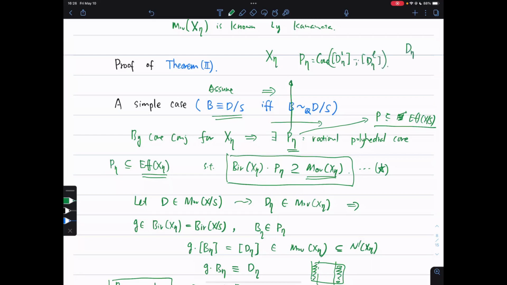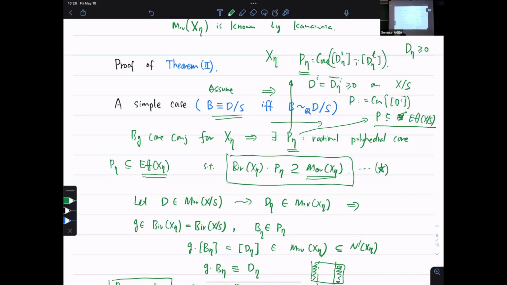This D8 is effective because it's a rational polyhedron cone inside of the effective cone. And then you just take the closure. This would be an effective divisor on, for example, the total space. Then we just consider the cone defined by this closure. Let me just write DI to be this one. Okay, then this would be a cone inside of the effective cone.